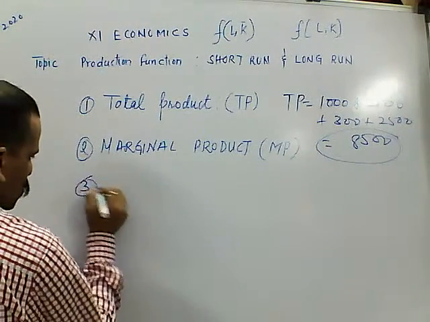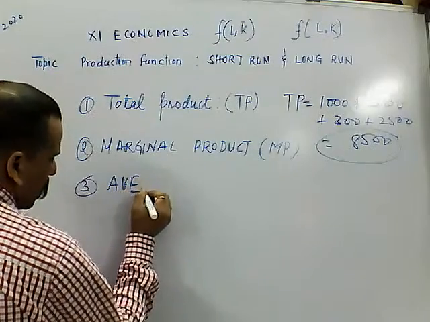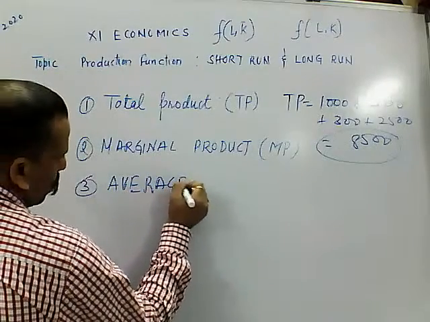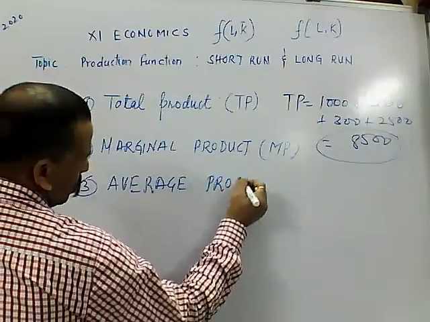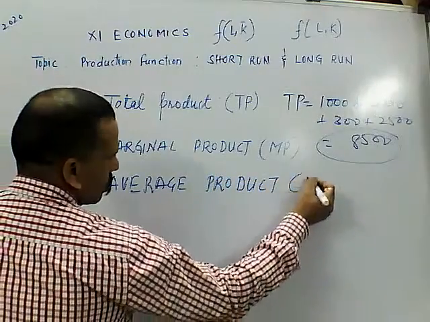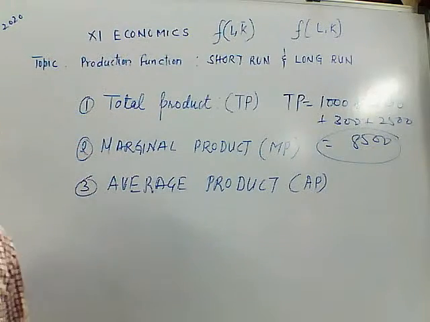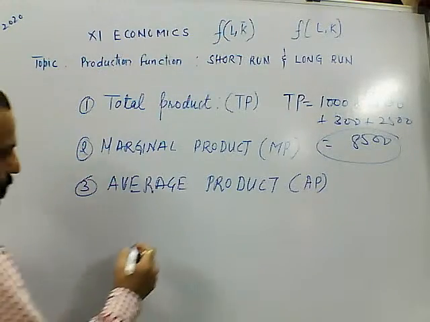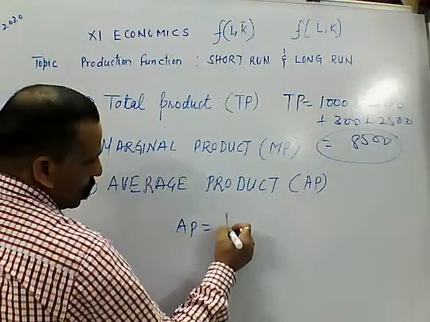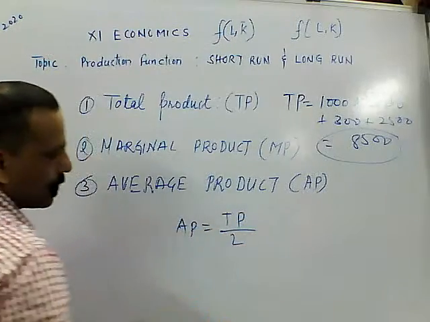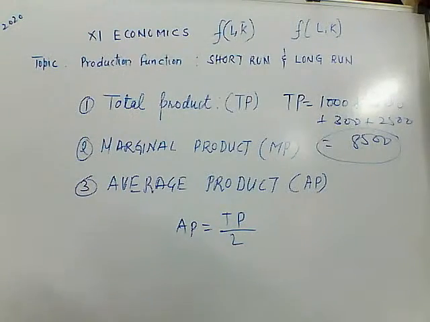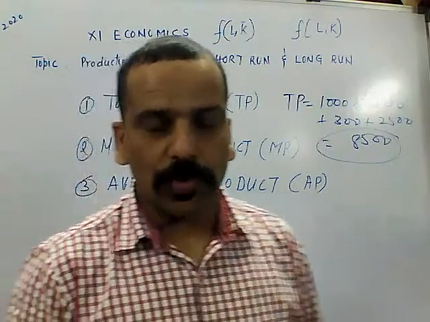Third point, average product, AP. Average product is also called per unit output of the variable factor.